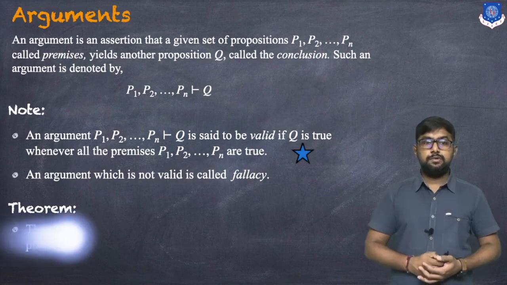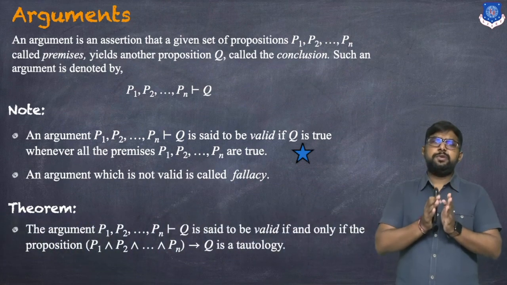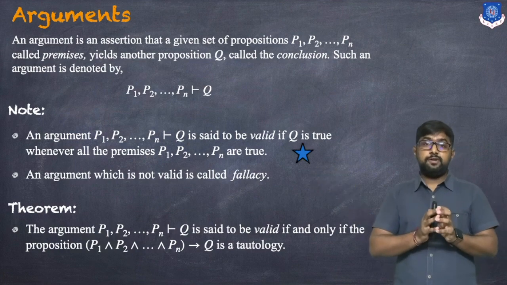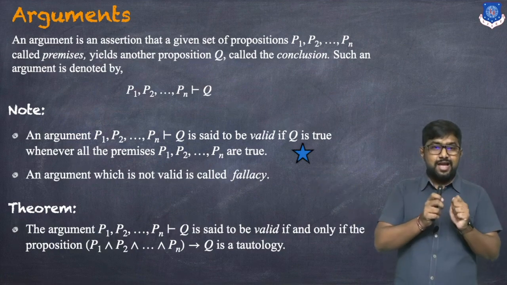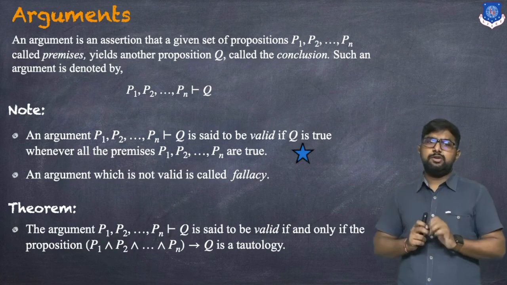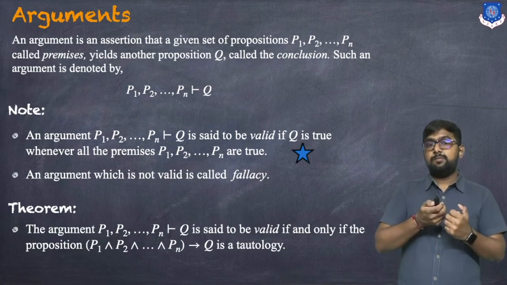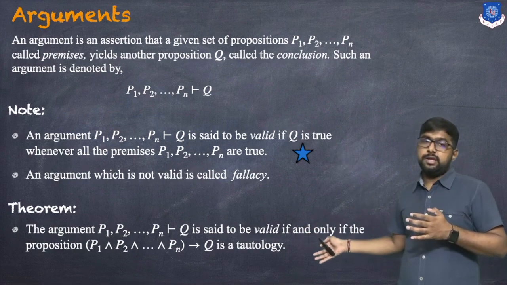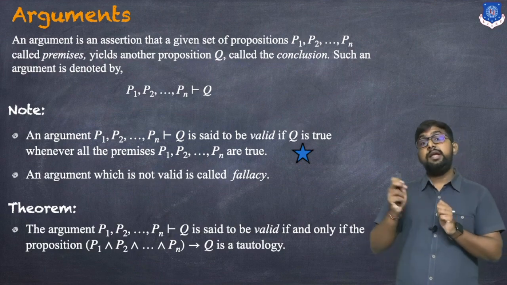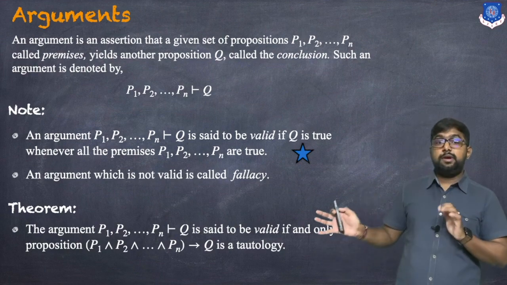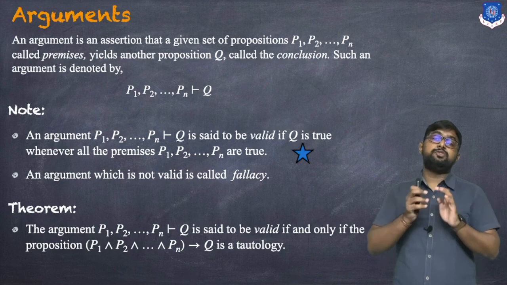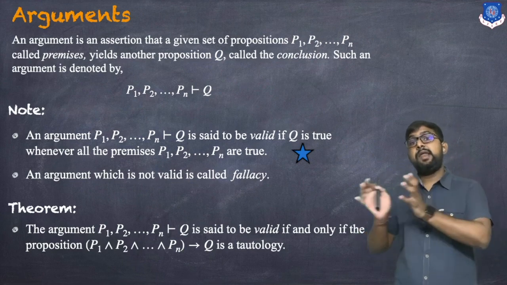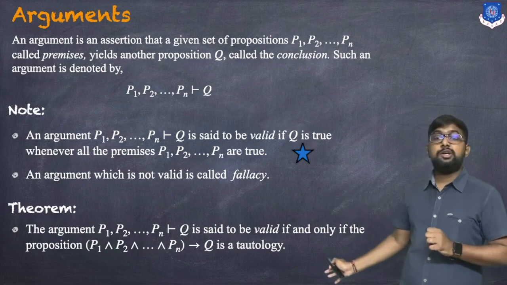Now, theorem: the argument P1, P2 up to Pn, Q, is said to be valid if and only if the proposition P1 and P2 and up to Pn, just putting AND in between all these premises, implies Q. Again, that whole bracket implies the conclusion is a tautology.